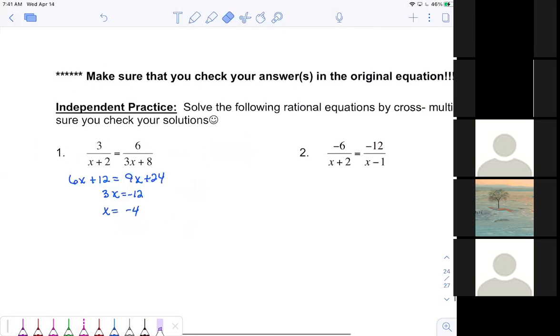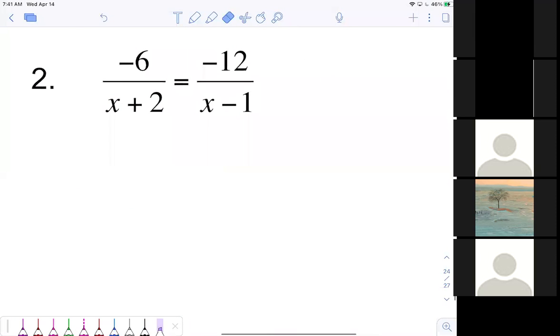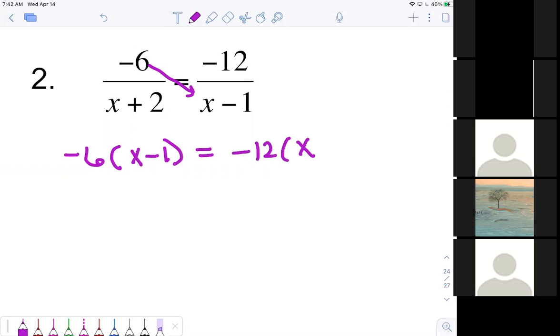All right, so then looking at number 2, Grace, do you have number 2? I haven't fully finished, but I have part of it done. Okay, give me that first long equation form. I have -6 parentheses x minus 1 equals -12 parentheses x plus 2. Good.